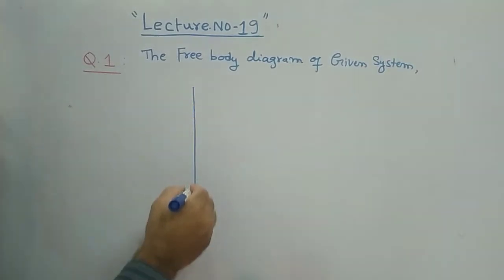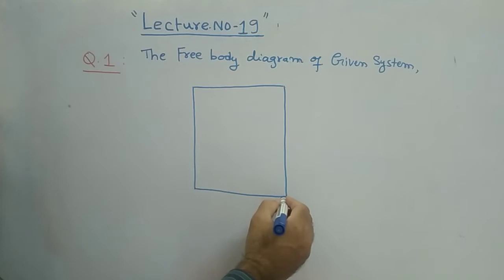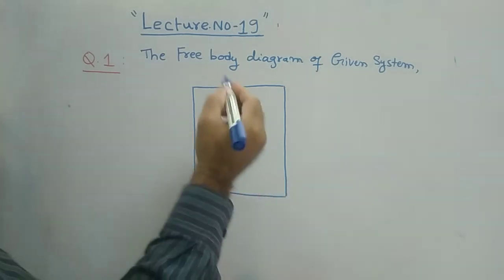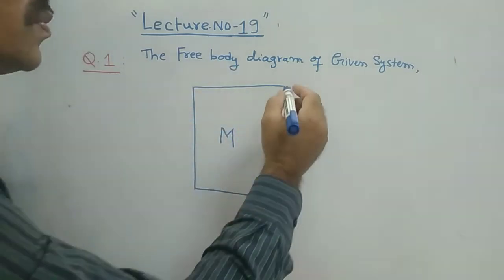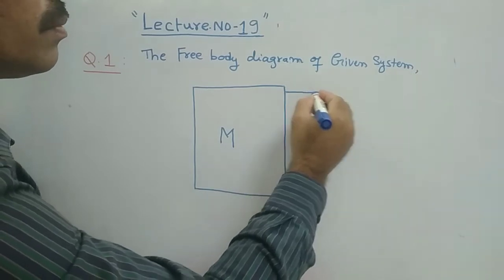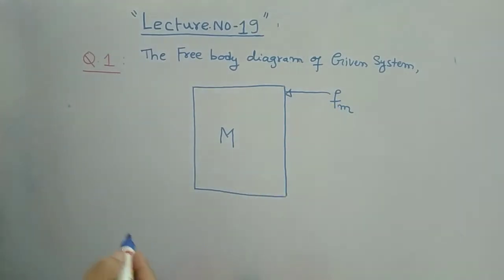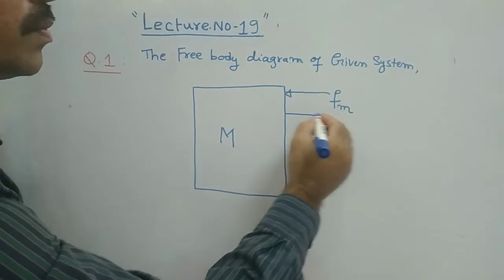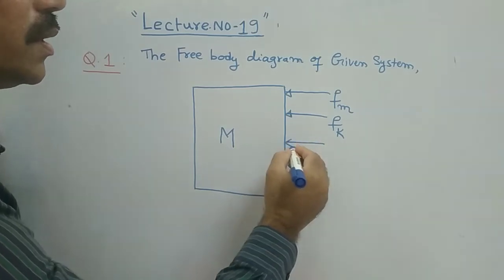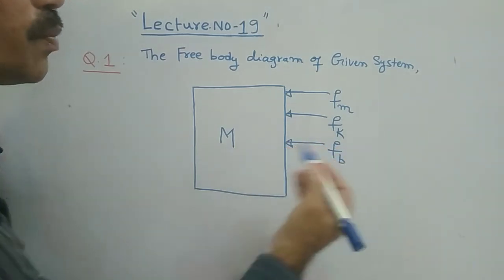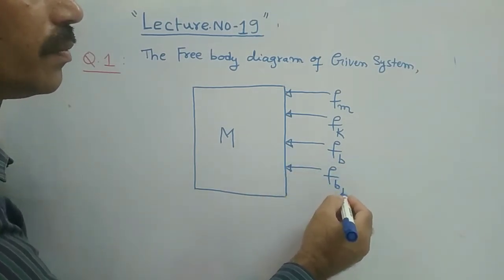You just draw the block, mass M, and you represent what forces are acting on it. Here this is the force due to mass, Fm, this is the force due to spring constant K, this is the force due to dashpot B, this is the force due to B1.